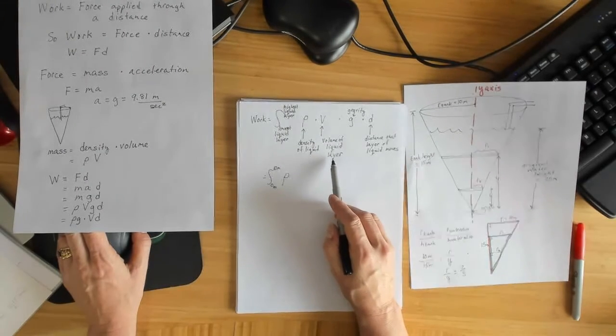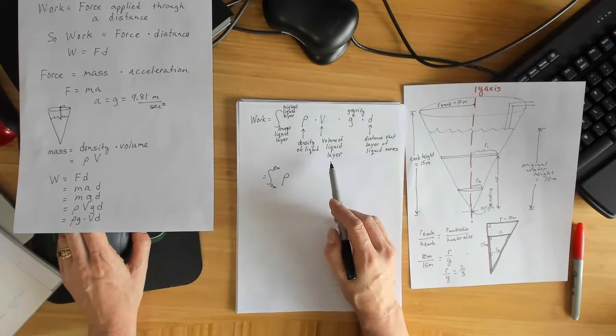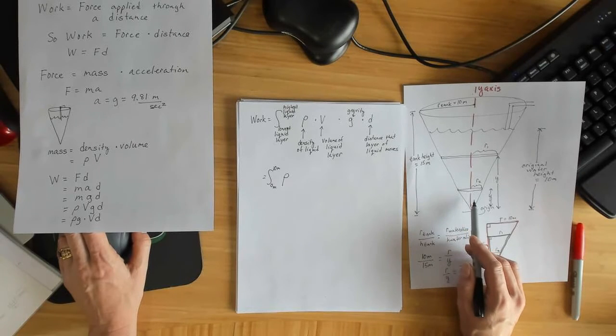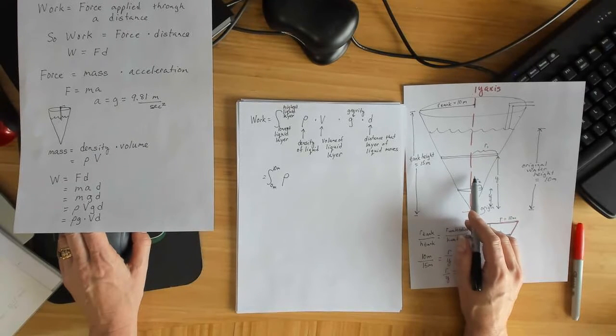The volume of each layer of liquid changes from the bottom to the top. These little coin-shaped pieces become smaller as I go down or larger as I go up. The volume's not constant, so I'm going to have to put in some kind of expression for it.